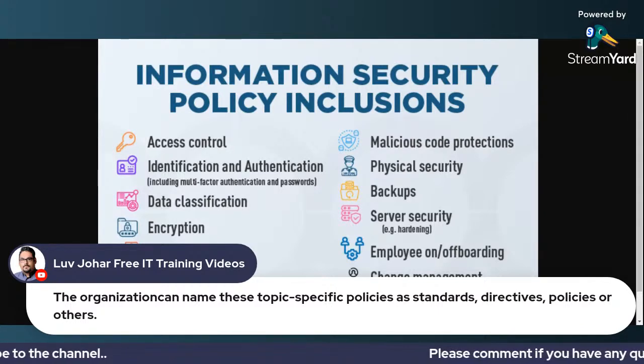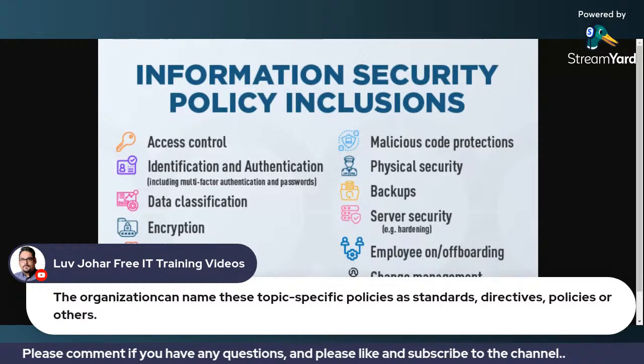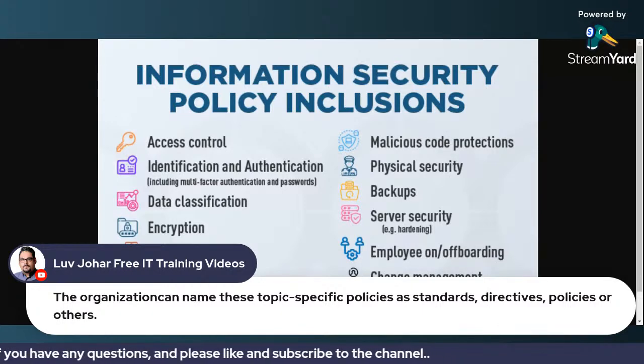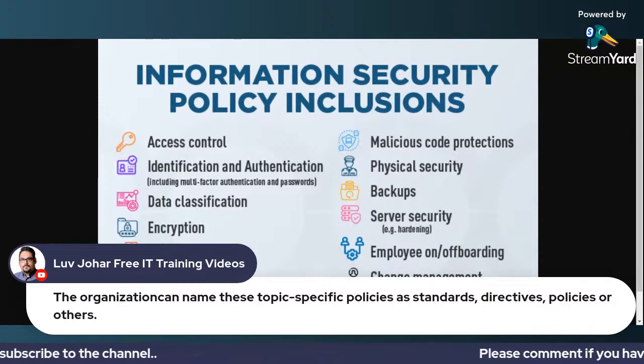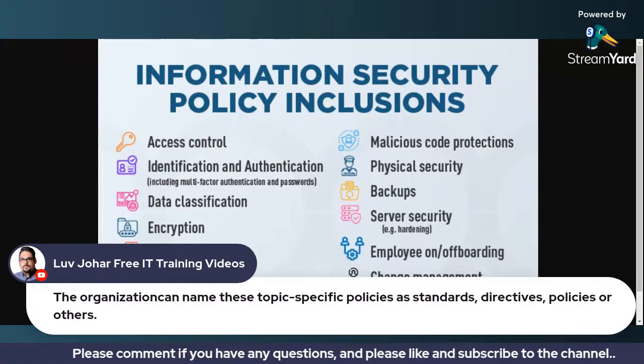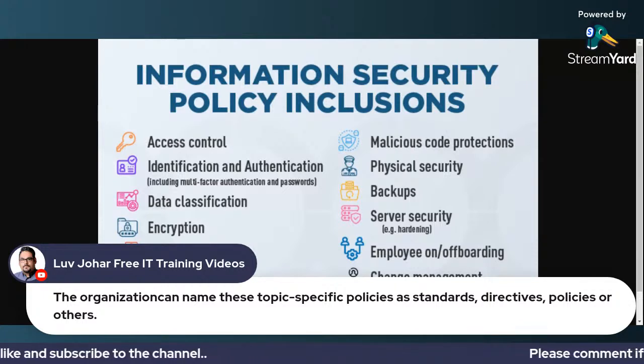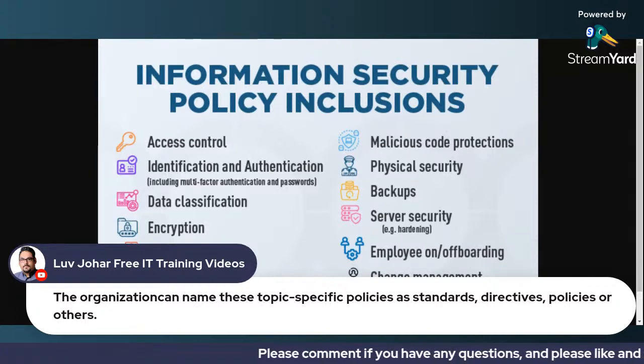So now, two types of policies we have discussed. One is information security policy, which is a mandate by the standard itself. It should be there, and it should be formally approved by top management. And the other one is topic specific policy, where the documentation and formal approval is not required by top management.